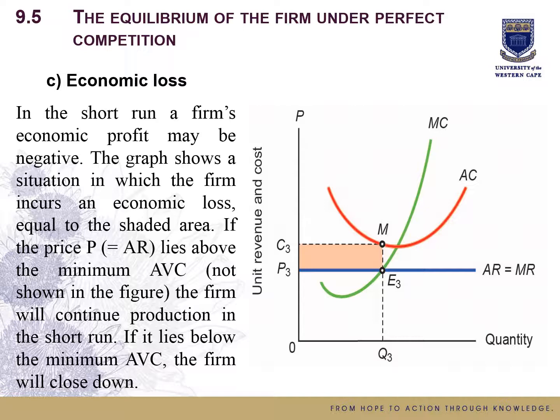Then if we subtract the total revenue from the total cost, we will realize that we'll be left with the rectangle C3ME3P3, which indicates the total loss the firm incurs.